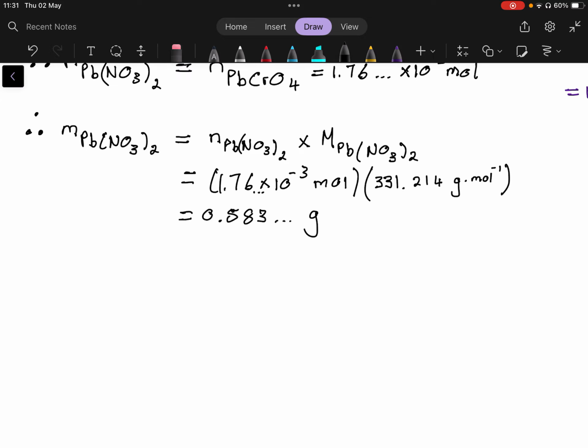So from there, we can then calculate the mass percentage of lead nitrate in the sample.